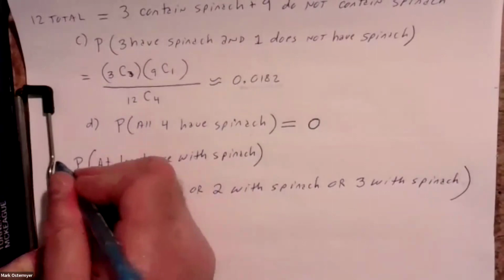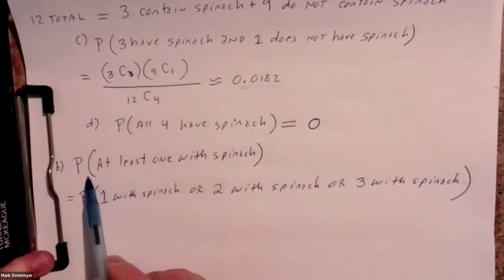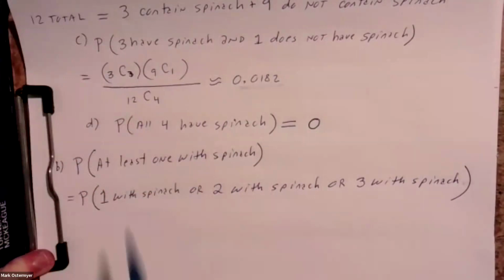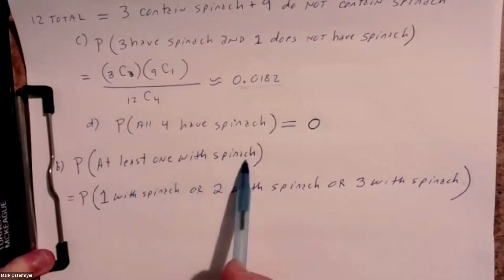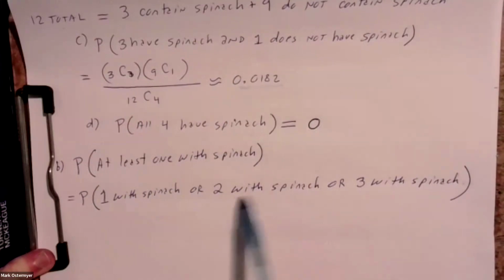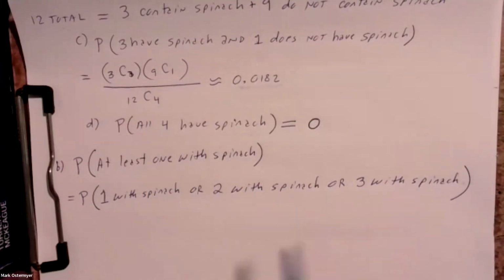To do part B of this question, the probability that of the 4 randomly selected entrees from 12 available, at least 1 of them will contain spinach, is to say equivalently that is the probability of 1 will have spinach, or 2 will have spinach, or 3 will have spinach.